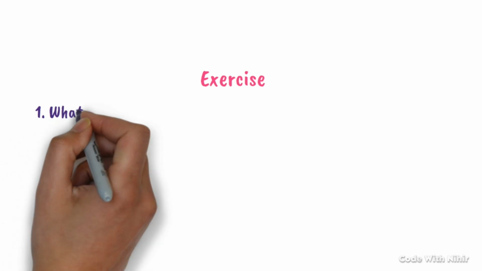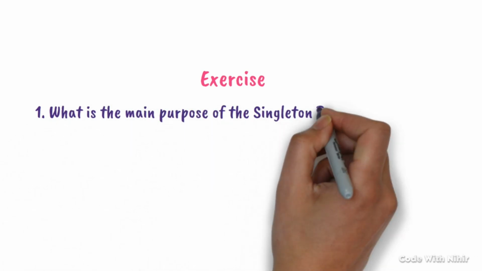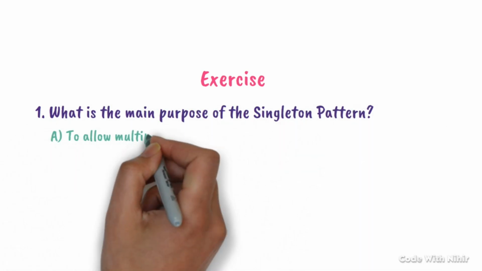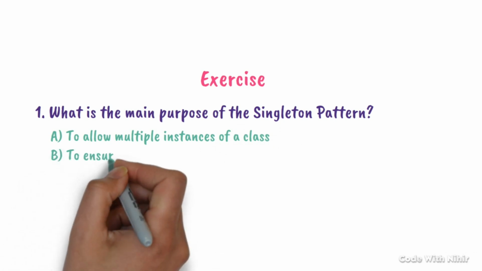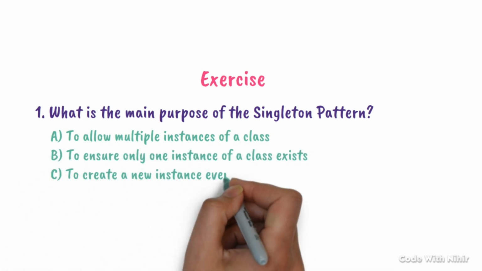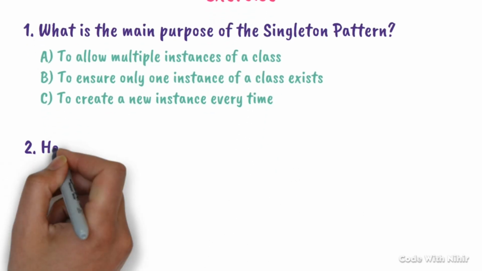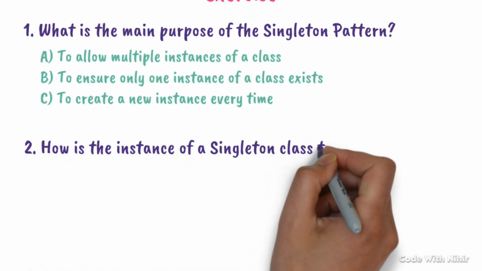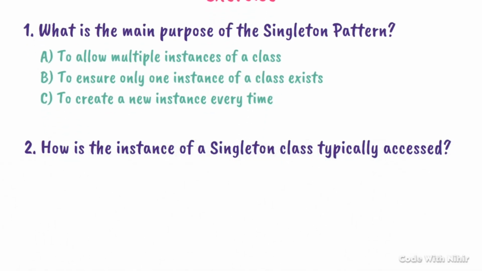Now it's time for exercise. Answer the following questions correctly. Number 1, what is the main purpose of Singleton pattern? To allow multiple instances of a class, to ensure only one instance of the class exists, or to create a new instance every time. Number 2, how is the instance of a Singleton class typically accessed?